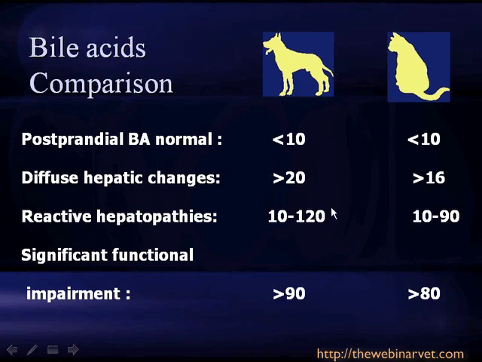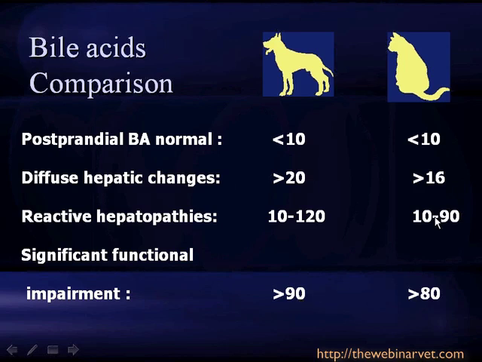And that poses a problem, because in some animals that will overlap with the bile acids that we'll see in animals that are showing clinical signs of encephalopathy. So you can have situations where you have quite difficult interpretations to make between, is it just a very marked reactive hepatopathy, or have I actually got significant impairment of hepatic function? Sometimes it's simply a question of ruling out those causes of reactive hepatopathy and re-evaluating, comparing it back with the clinical signs.